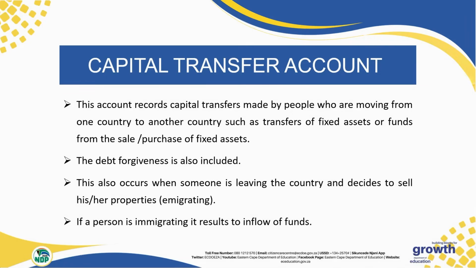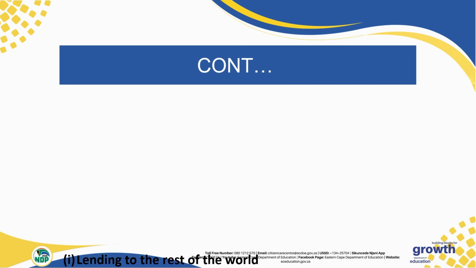The most important thing is to understand that when someone is emigrating, leaving South Africa, and an individual decides to sell his or her assets, that will be recorded under the capital transfer account. Even if a person is entering a country through immigration, the flow of money is going to be recorded under the capital transfer account.